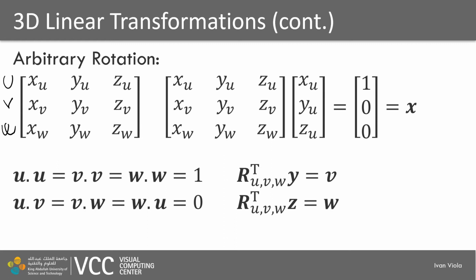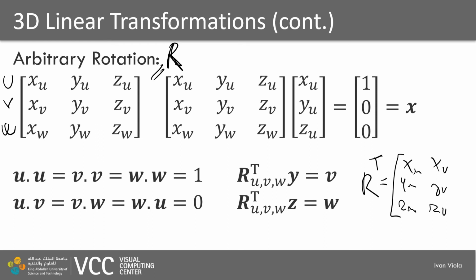Now, if we take this matrix R and create R transpose, it will look in the following way: xu, yu, zu, xv, yv, zv, and xw, yw, zw.